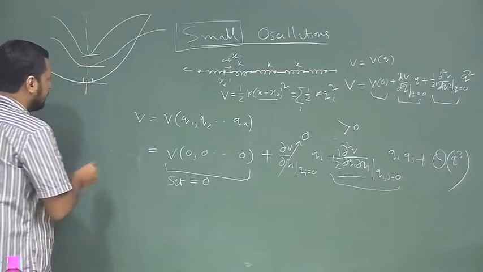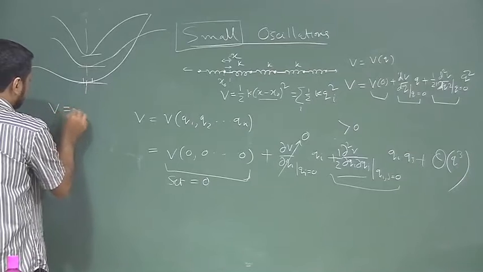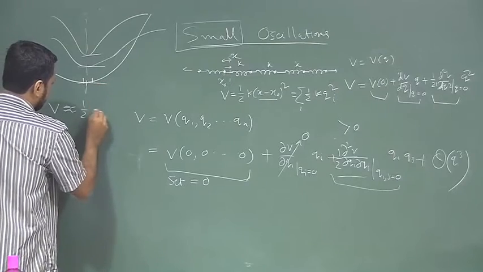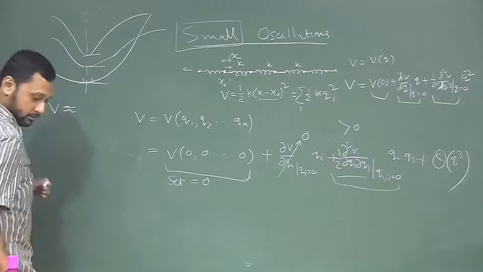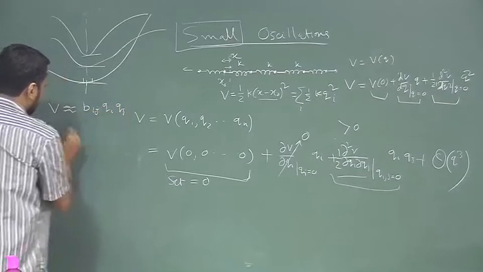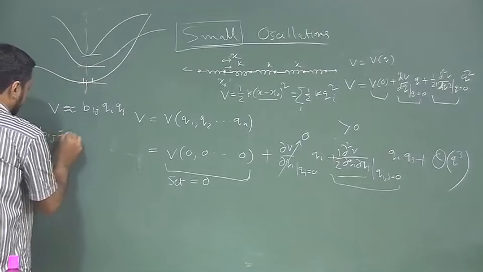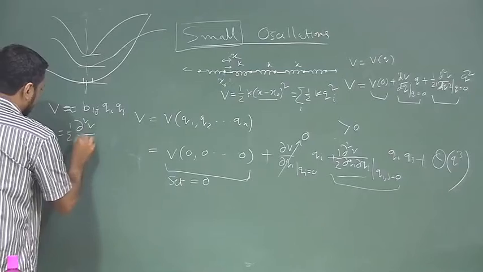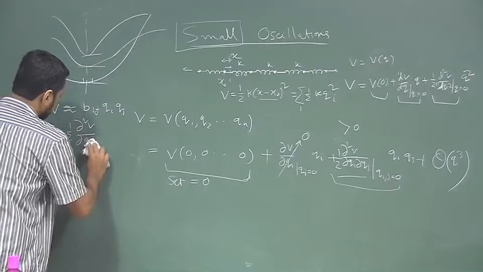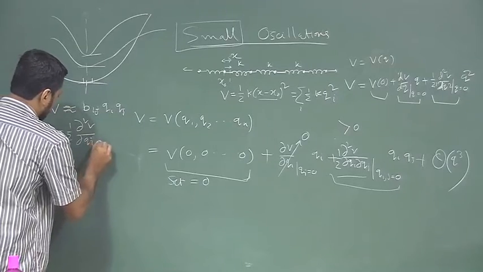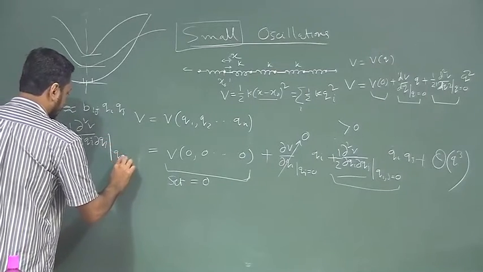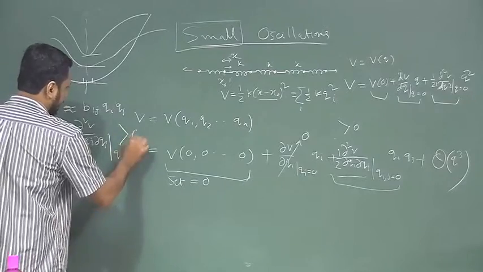interval around the equilibrium will give you a quantity which is approximately equal to half sum of b_ij q_i q_j, where b_ij is equal to half del 2 V del q_i del q_j, evaluated at q equal to 0, is greater than 0.